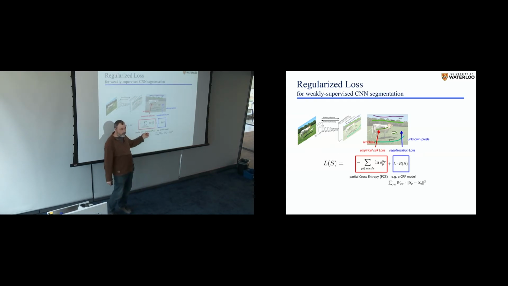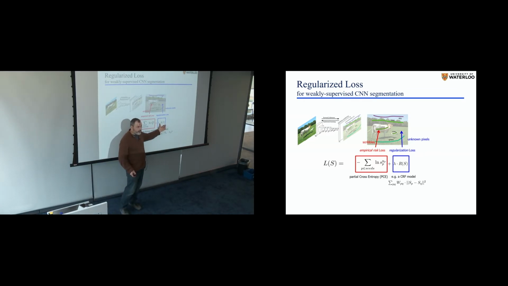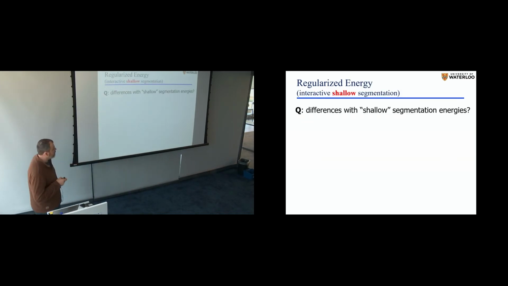But we call it partial cross entropy because it's done only on the seeds that the user is given from the weak supervision. And the lack of supervision is complemented by the regularization loss you impose on the remaining pixels based on your prior knowledge, either pairwise or high order or whatever you want. And for example, even the pairwise, which is what we had results for, gives you very interesting results.